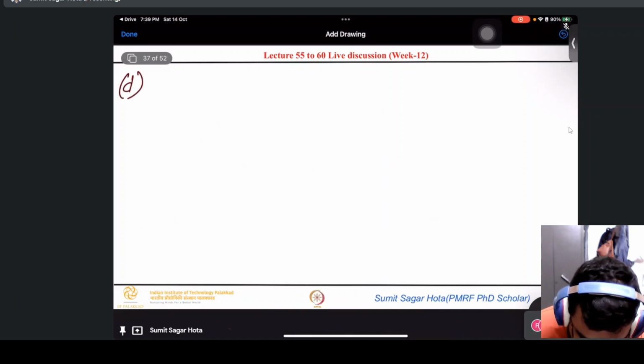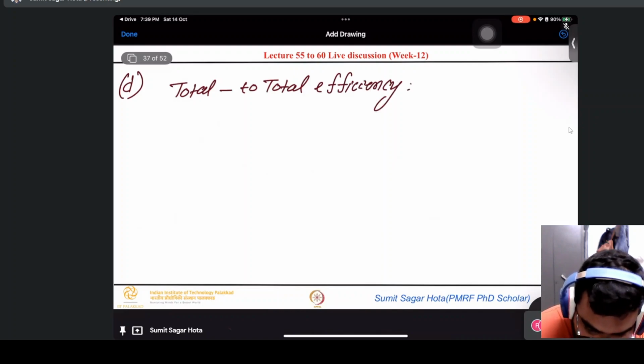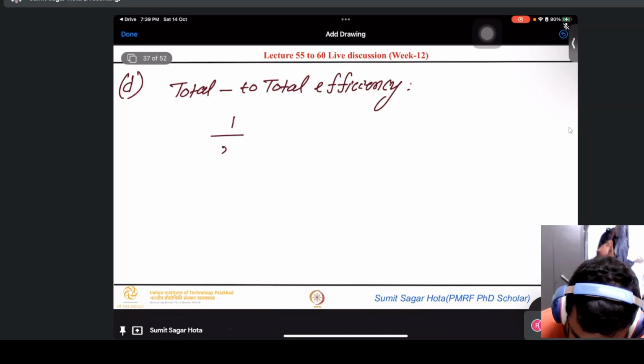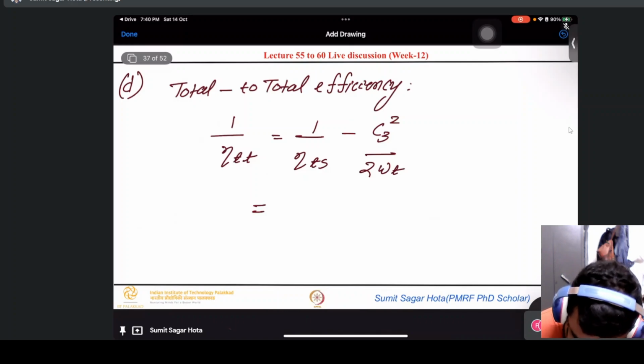Now the total to total efficiency. The formula: 1 by eta_tt equal to 1 by eta_ts minus C3 square divided by 2 into WT. This is the formula you should know.